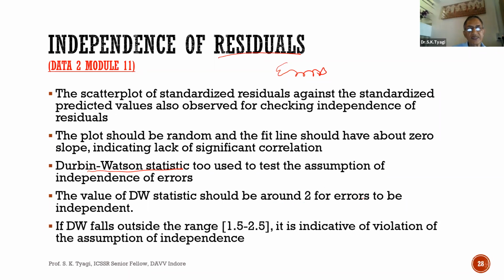Around 2 means 1.5 to 2.5. This is the acceptable range. This range is not acceptable. If Durbin-Watson statistics is here, then we say that this assumption is not fulfilled. Now, how to calculate Durbin-Watson statistics is very easy.